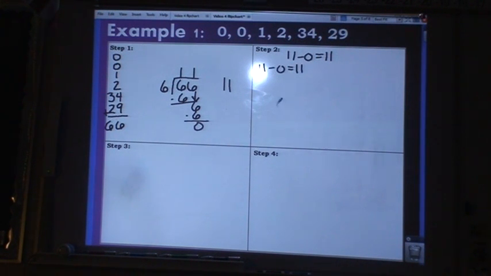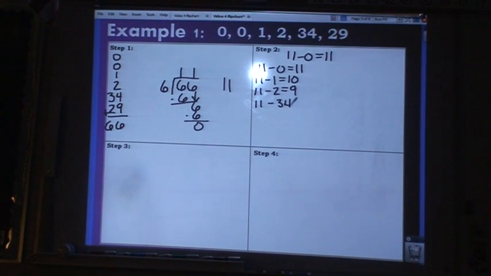Then we have 11 minus 1, which is going to equal 10. Then 11 minus 2, which is going to equal 9. 11 minus 34.